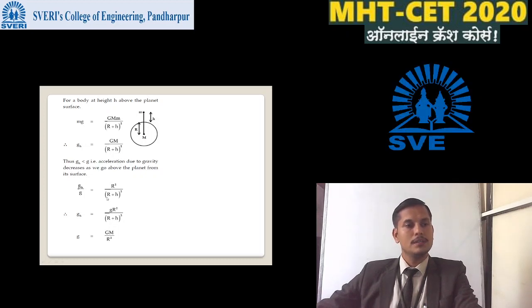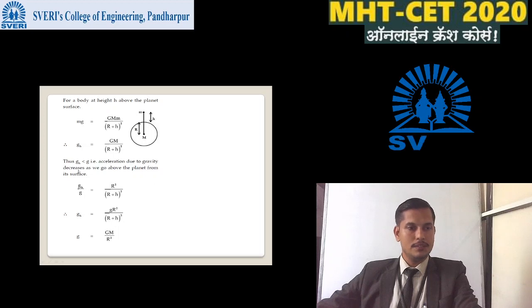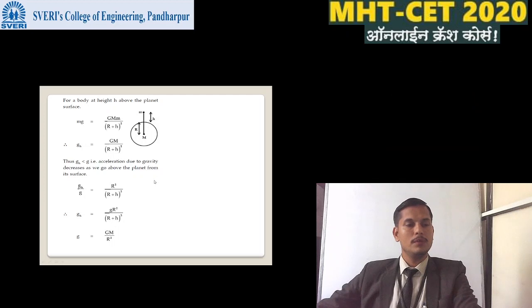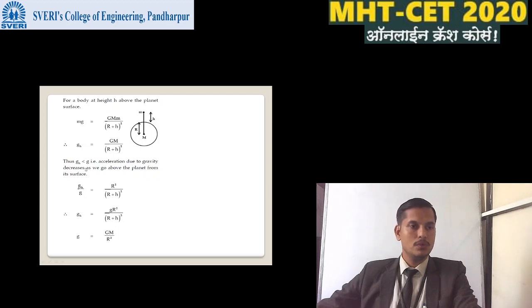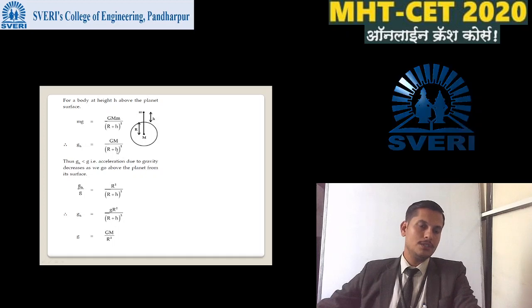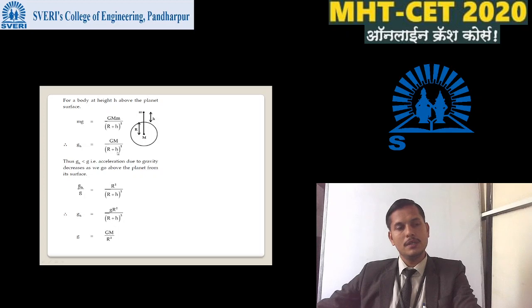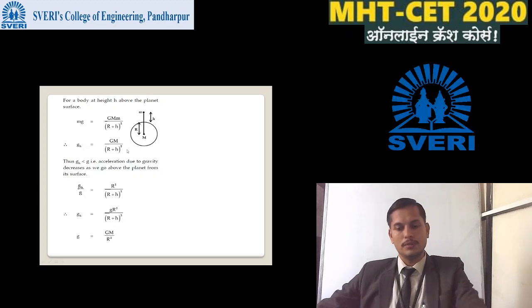Thus gh is less than g, that is acceleration due to gravity decreases as we go above the planet from its surface. जसं जसं आपण त्या प्लॅनेटच्या सरफेस पासून वर जाऊ तशी तशी ती व्हॅल्यू व्हॅरी होते. कारण का, सिंपल गोष्ट आहे की h जे आहे ते डिनोमिनेटरमध्ये जर वाढत जाईल, डिनोमिनेटरची व्हॅल्यू वाढत जाईल आणि g ची व्हॅल्यू कमी होत जाईल, as they are inversely proportional to each other.